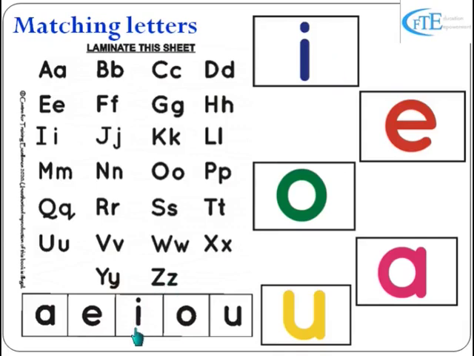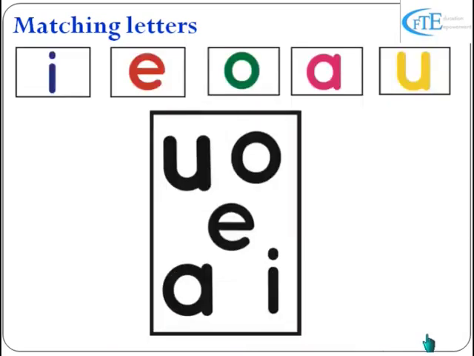I, E, O, A. You could prepare a laminated sheet with all the vowels, and then you could get your child to take these cards and place them upon each vowel, and then to say the sound.